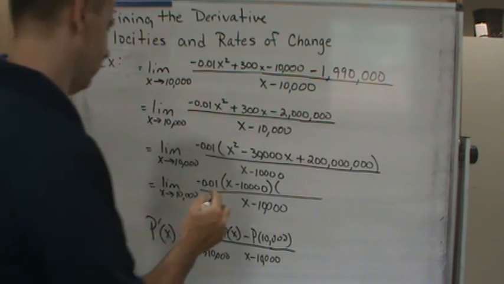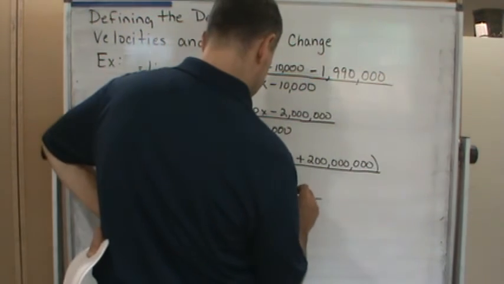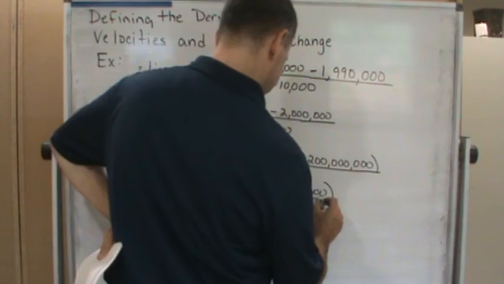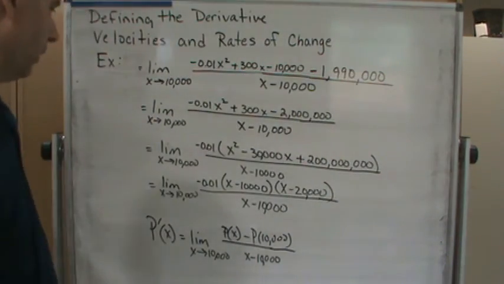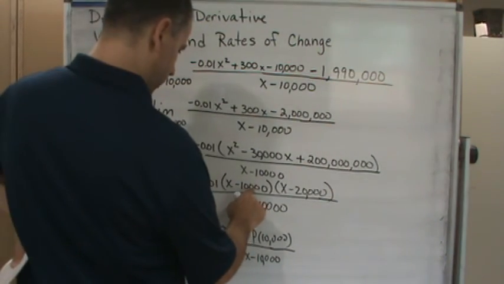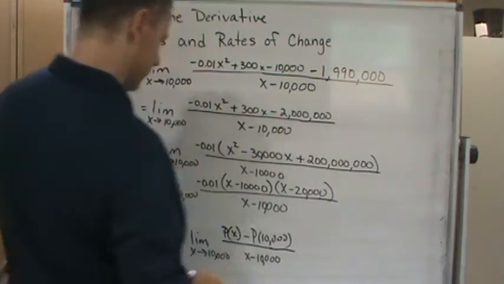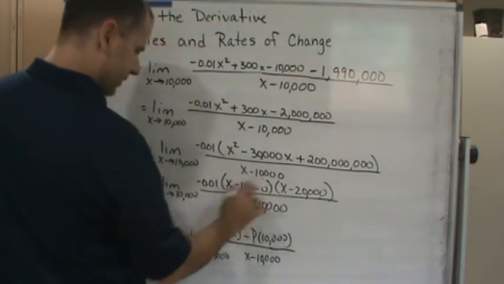Oh yeah, this should be x minus 20,000. Yeah, that'll work. Right, so we got 1, 2, 3, 4, 5, 6, 7, 8. 1, 2, 3, 4. Yep, that works. So this factors into this.